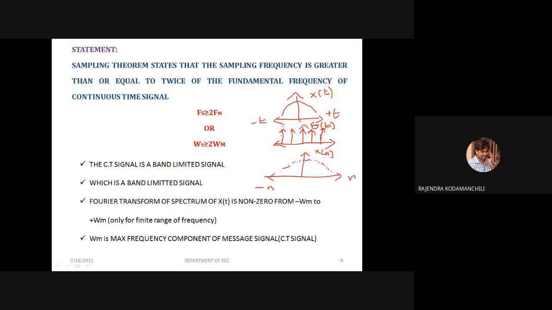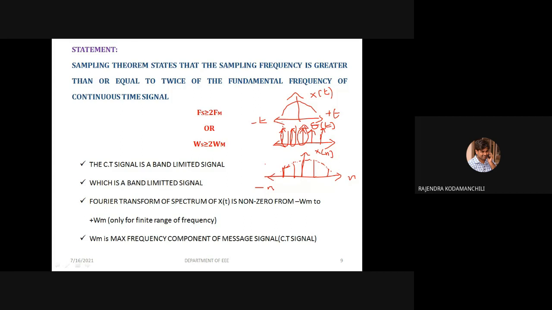When the switch is on, we are collecting the output here, and again here, and similarly for the remainder. So here we are getting a discrete signal. Converting a continuous time signal to a discrete signal is called the sampling process.